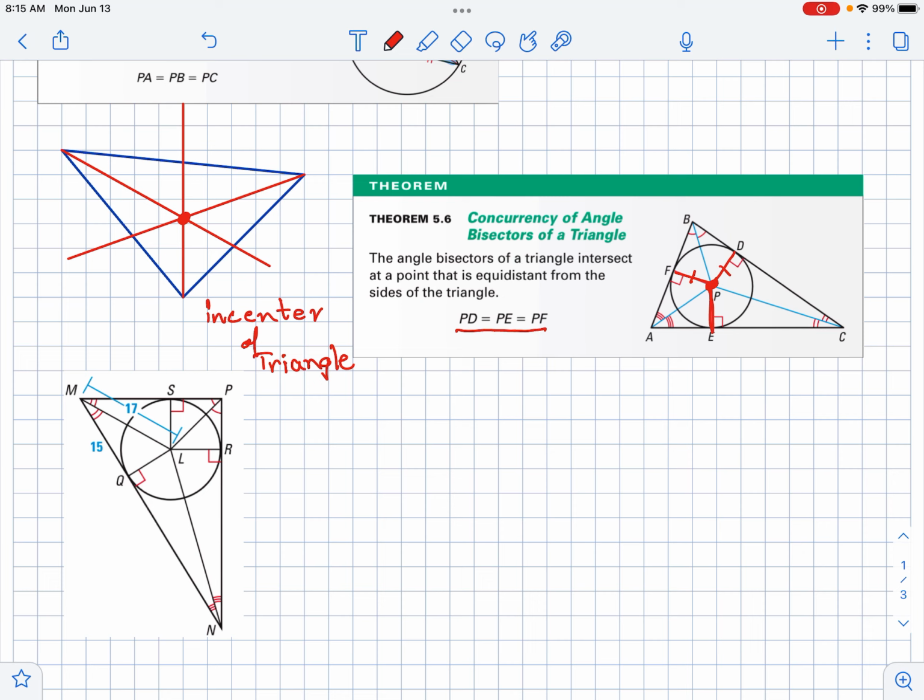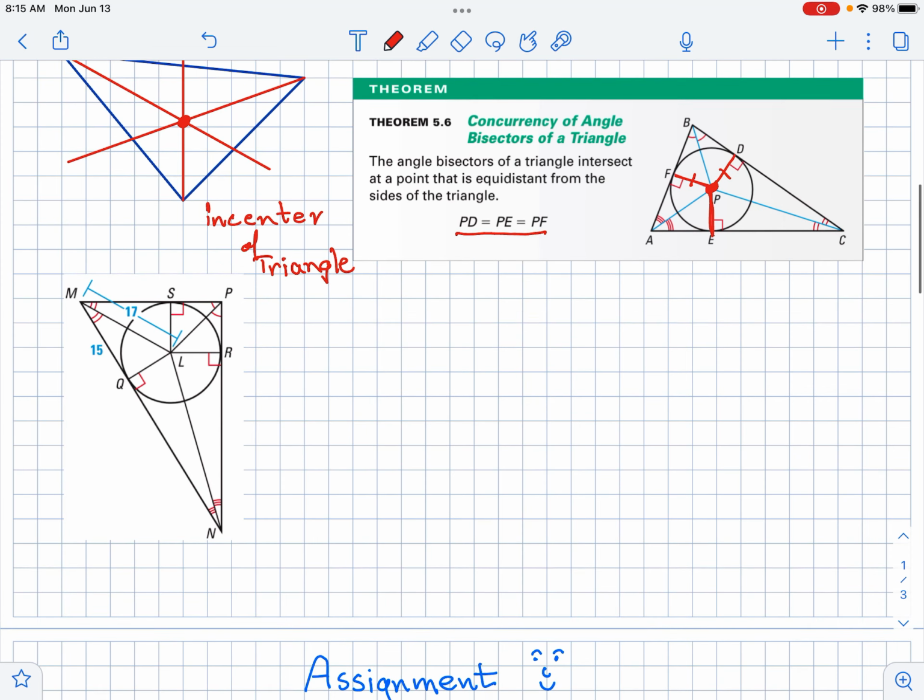What we're taking note of in this section is points of concurrency. In the case of the angular bisectors, the point of concurrency is the incenter of the triangle, and that point is equidistant from each side.